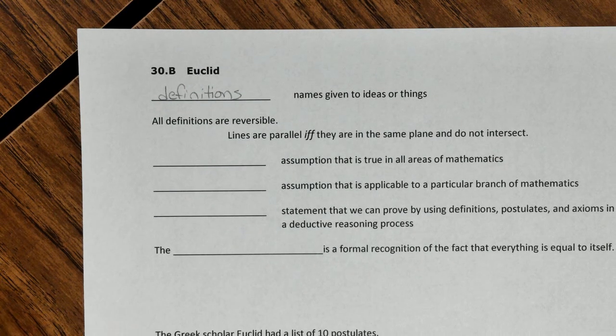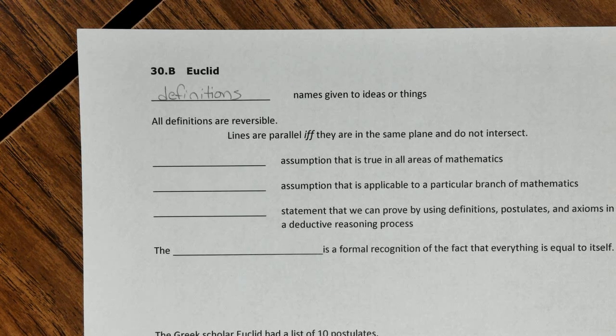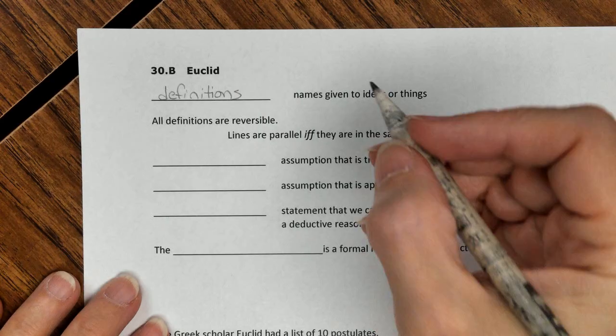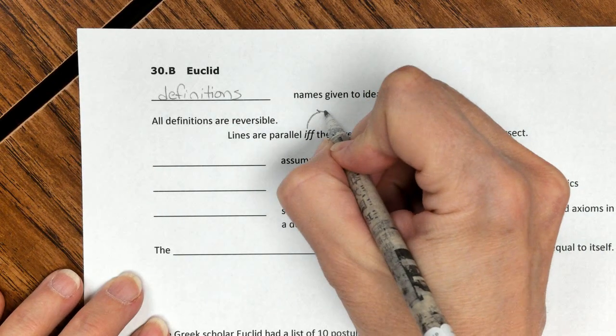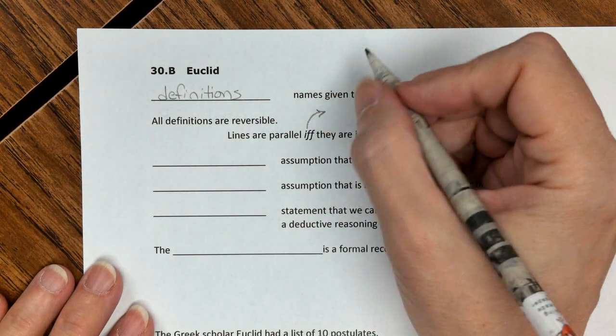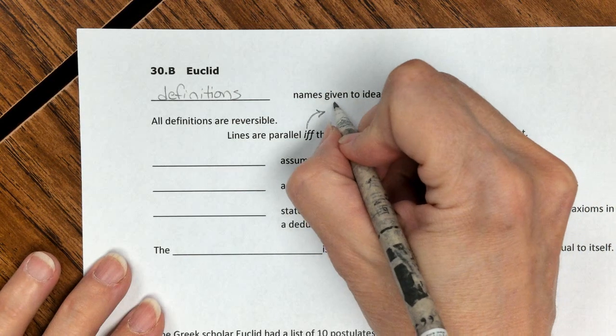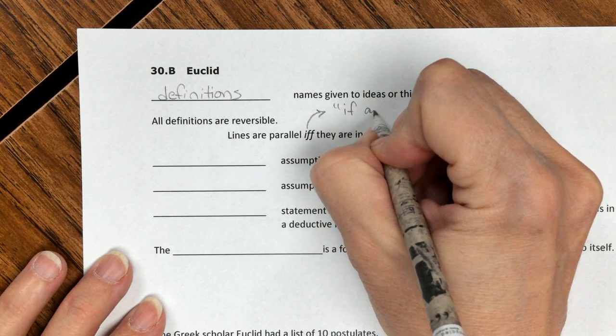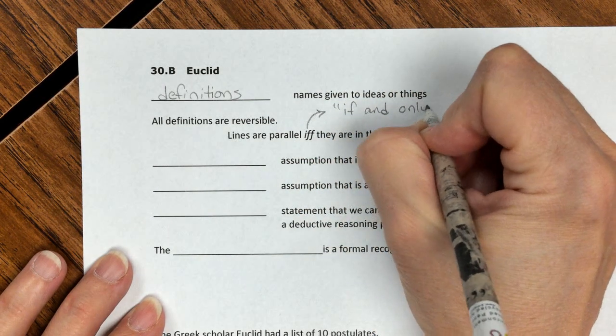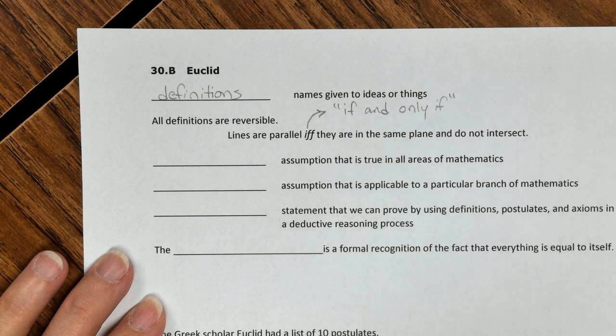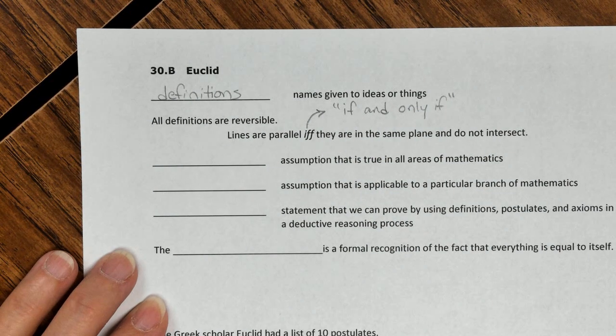And all definitions are reversible. Lines are parallel, and that's not a typo, that is read "if and only if," that IFF. Okay? When we're reading this aloud, or even in your head, think "if and only if." If and only if they are in the same plane and do not intersect.